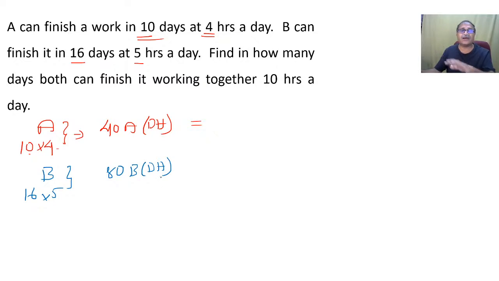So these two are equal. I am writing in the explanatory mode. You are expected to write 40A is equal to 80B. From here I get the efficiency of A to B. If you know how to answer it, you don't need to write down all the things.